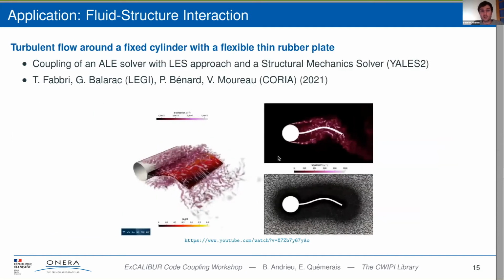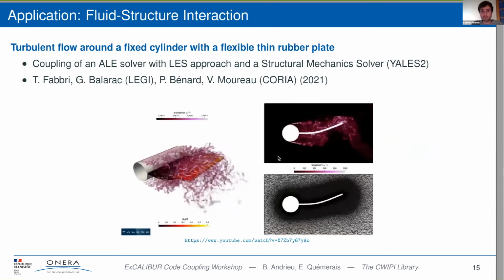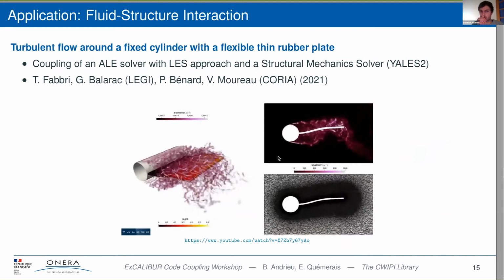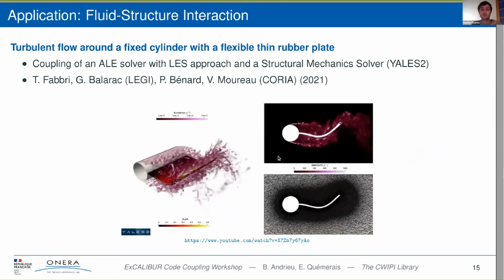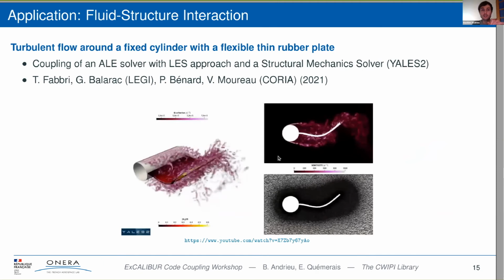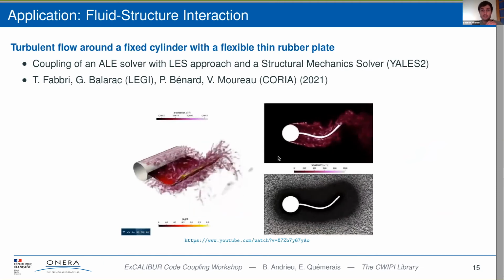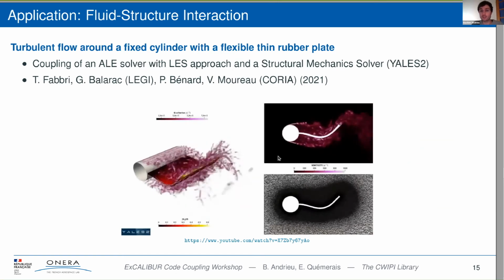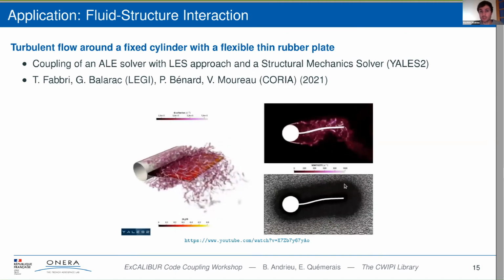Next, we have a nice fluid structure interaction. This computation has been run using the Yales2 solver, both for the fluid part using an ALE method, and also for the structural mechanics. Here, there's also a dynamic mesh adaptation. I'm not sure you can see, but the mesh is evolving.